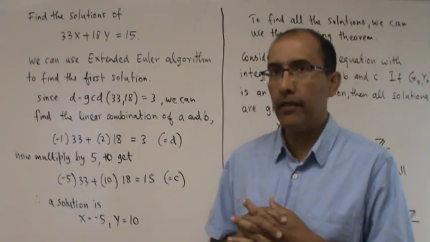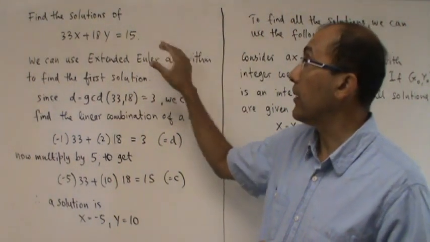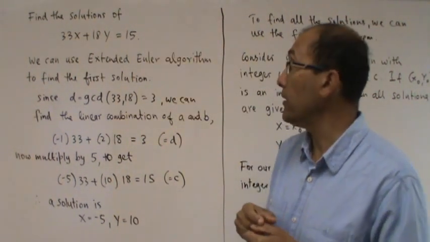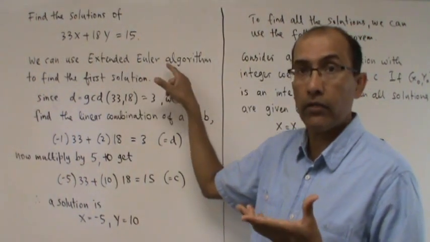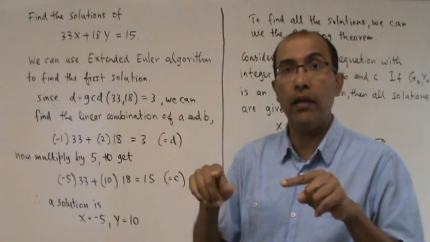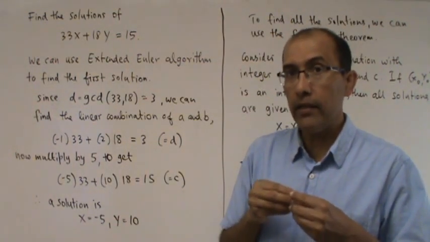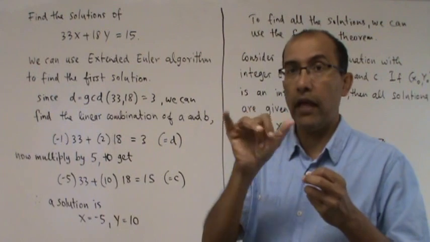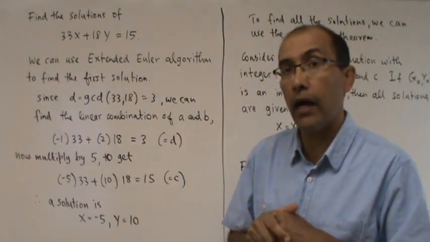Solving Diophantine equations is very easy. So first we want to find one solution, and for that we can use the extended Euclidean algorithm. Remember, we had a table to write the greatest common divisor as a linear combination of a and b. We did a table in the last lesson.